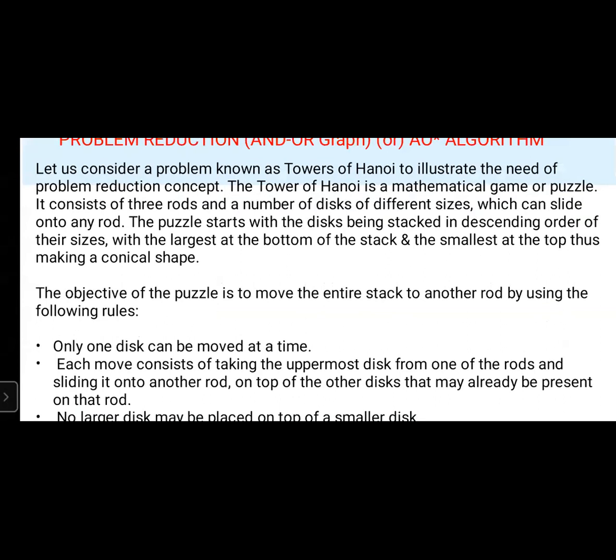I am given three rods and three discs here. That means any disc can move to any rod. Next, the puzzle starts with the discs being stacked in descending order of their sizes.